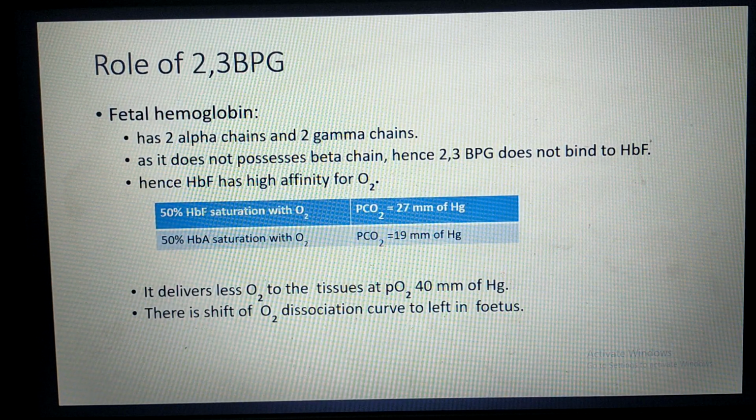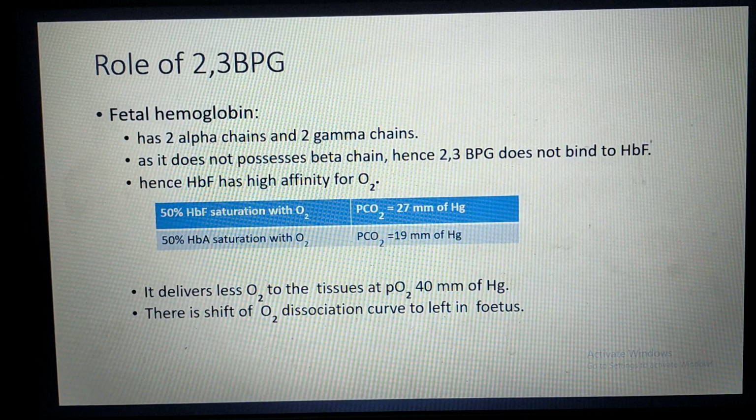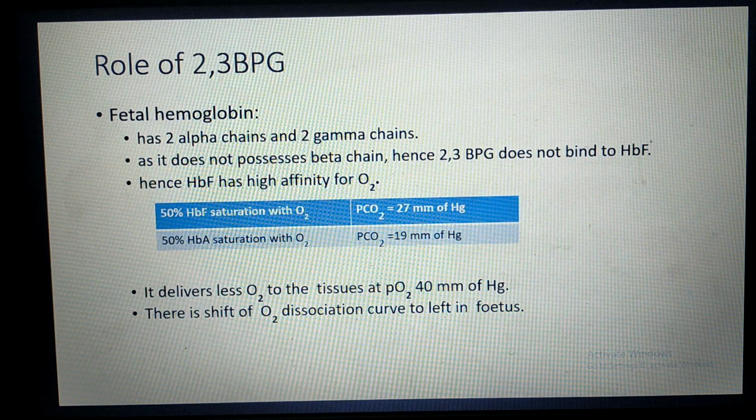Role of 2,3-BPG in fetal hemoglobin. Basically, in fetal hemoglobin 2,3-BPG has no role, because fetal hemoglobin, or hemoglobin F, is made up of 2 alpha chains and 2 gamma chains. Just now we have seen that 2,3-BPG binds only with the beta chain.